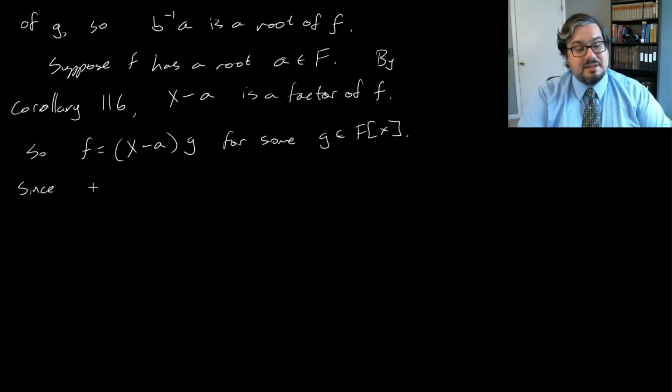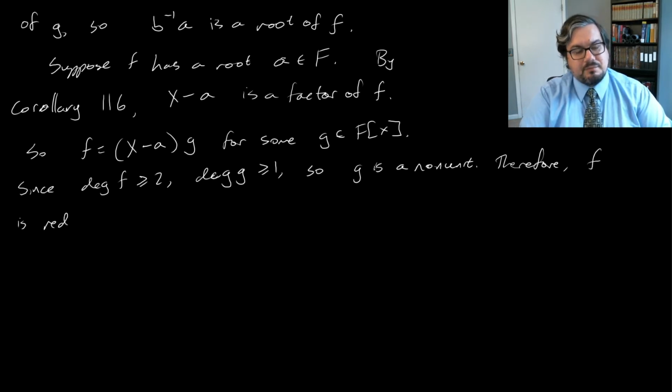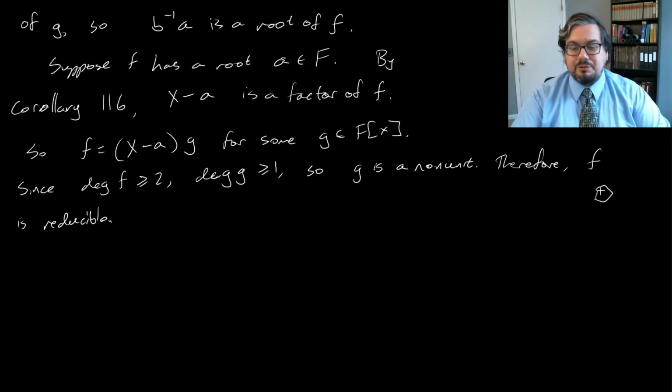Now since the degree of f is at least 2, we have that the degree of g is at least 1, so g is a non-unit. Therefore, f is reducible. So that finishes the proof.